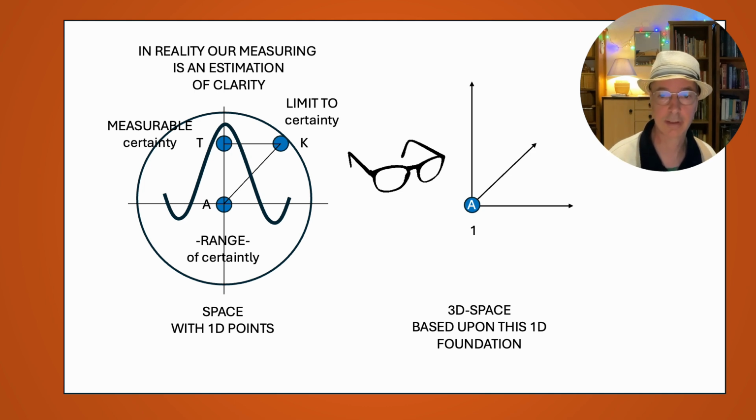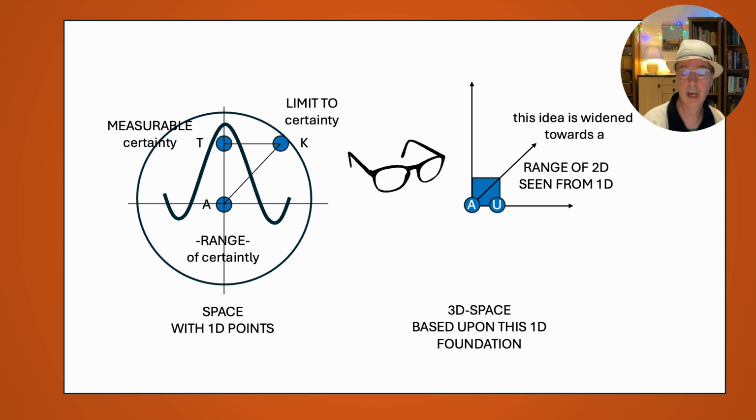Everything which we can measure is then defined by T. And we have a certain limit to our certainty, which is defined by K. And if we go to the next level, the next couple of letters, with the number 2 as well, we have already logically not just one dimension, we have two dimensions on the same plane with the same three references starting from A. The U is a point in space which is a bit further away, and it will be defined within this two-dimensional range of vision.